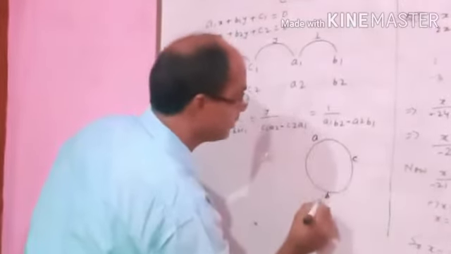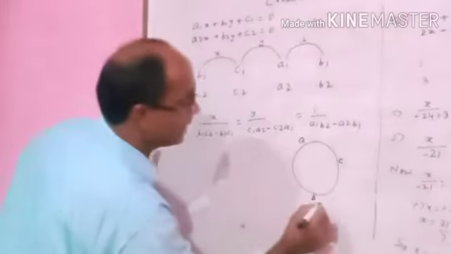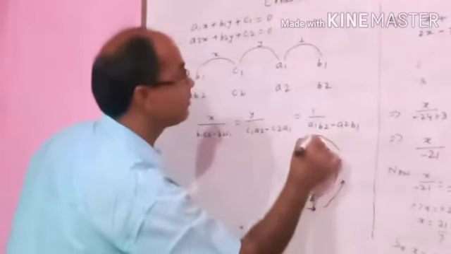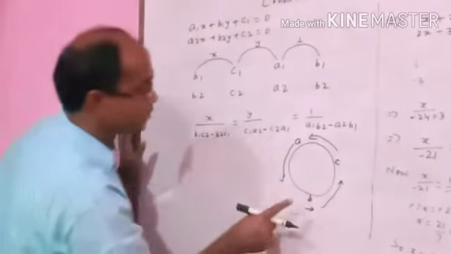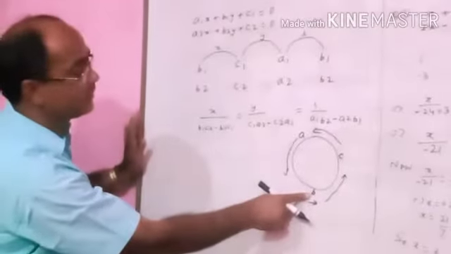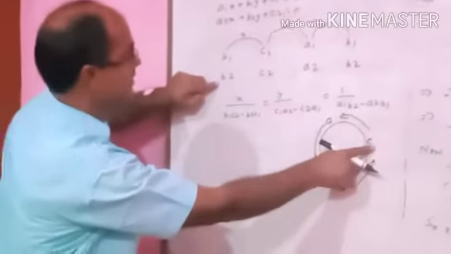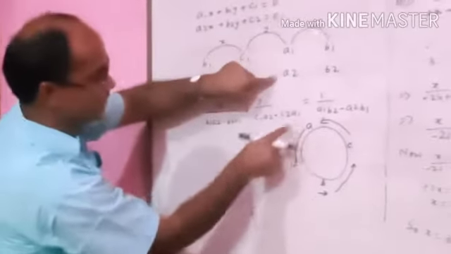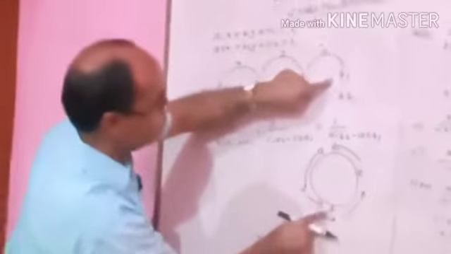You have to start from b and rotate in this way, in cyclic order. Students, at first you have to start with b, which means you write b1 b2. Then you go to c: c1 c2. Now a1 a2. Now you go to b again, and you write b1 b2.